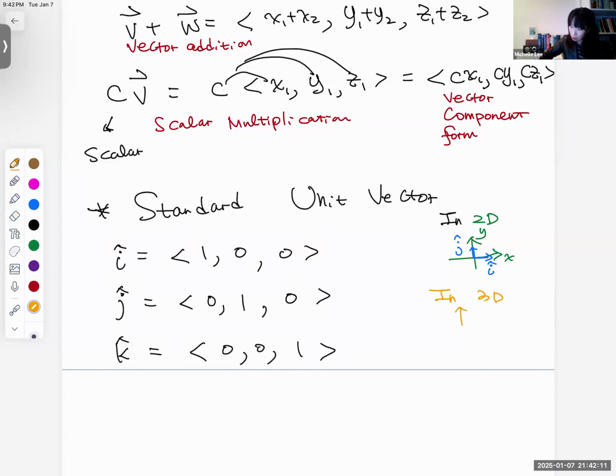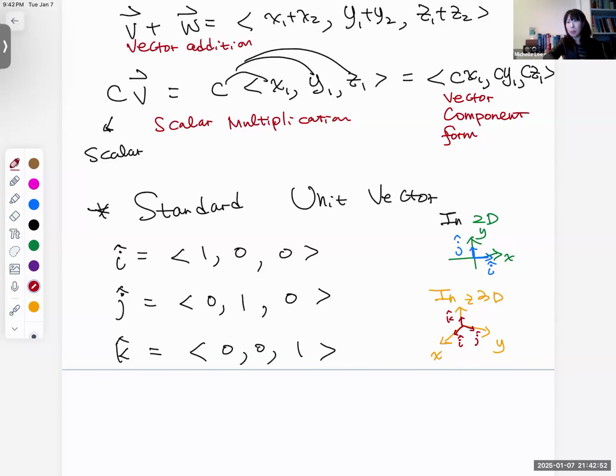So we learn X, Y, Z. Then there will be I hat, this will be J hat, and this will be K hat, right? Standard unit vectors. Okay? All right.